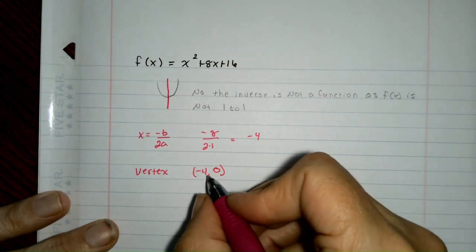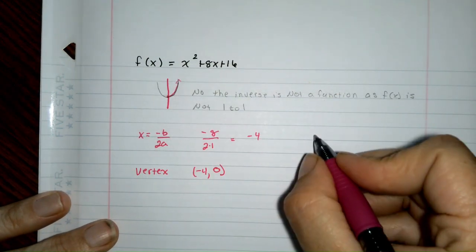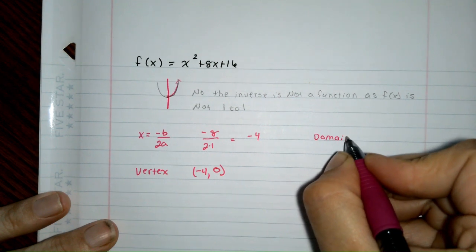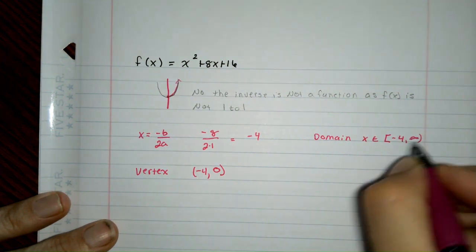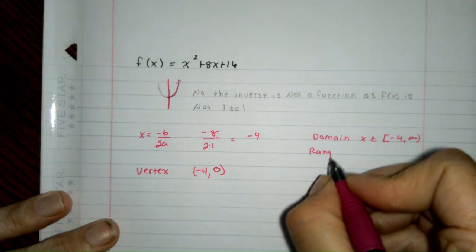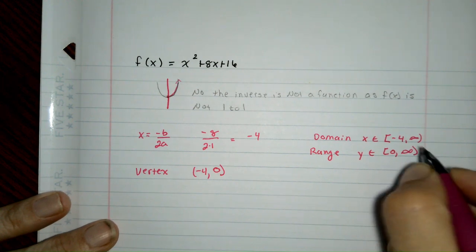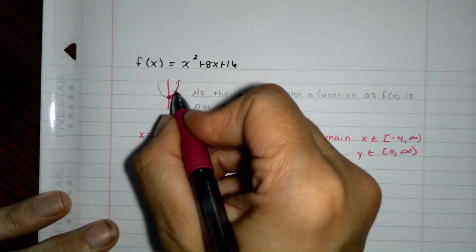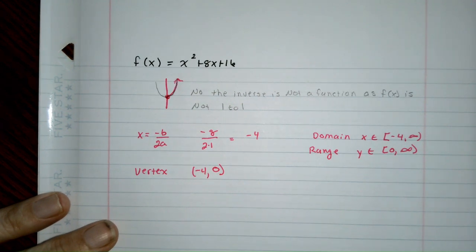Okay, so I want to go just this part and over. So right now, my domain is x is between negative 4 and infinity, and my range is between 0 and infinity, because I'm using the vertex to the right and up. Could I have picked the other side? Absolutely.